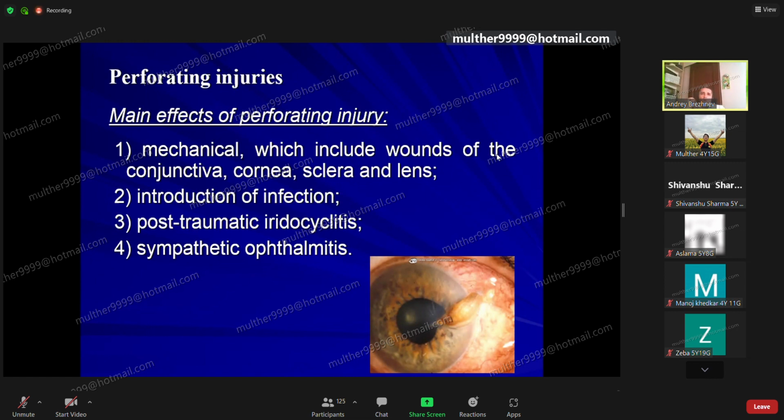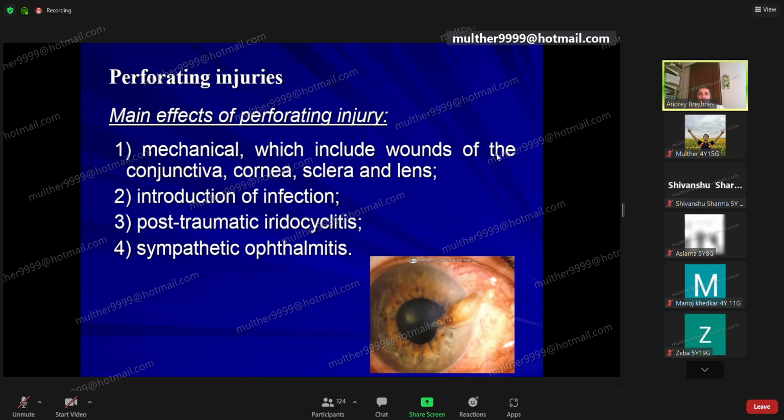They may be caused by sharp and pointed instruments, or foreign bodies traveling at extremely high speed. I mean, if the foreign body has enough energy to pass through the outer coat of the eyeball, it may come inside the eyeball and cause very severe damage.